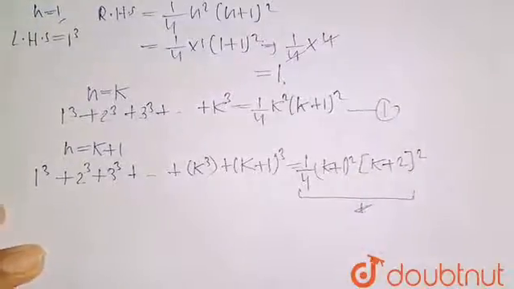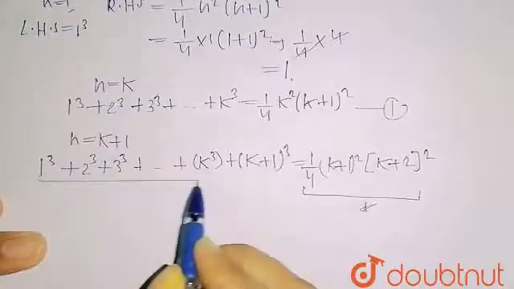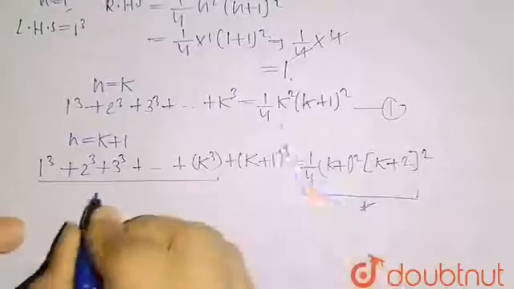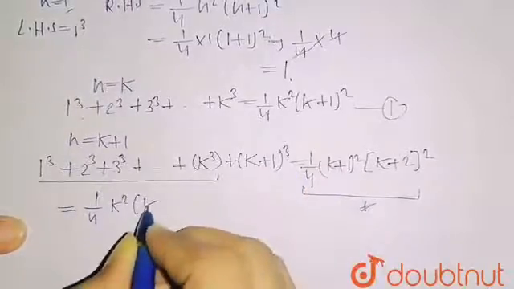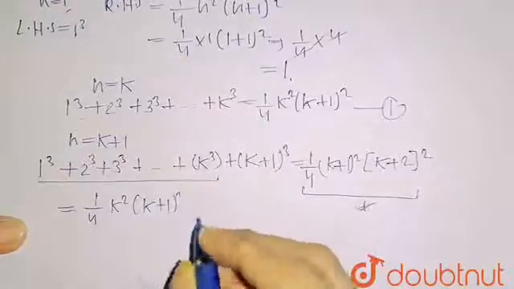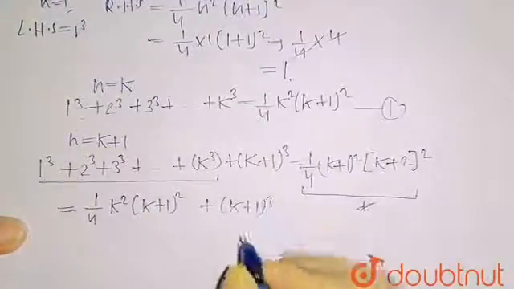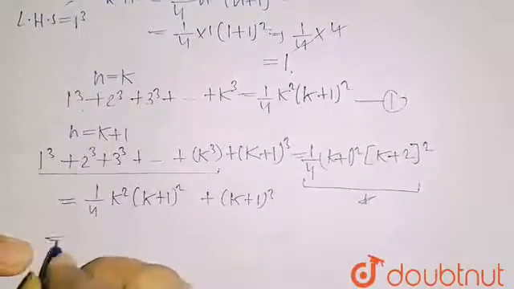From the first equation you can see that this term is equal to this term. So I will put the value here: 1 by 4 k square (k plus 1) whole square plus (k plus 1) cube. Here we can simplify it.